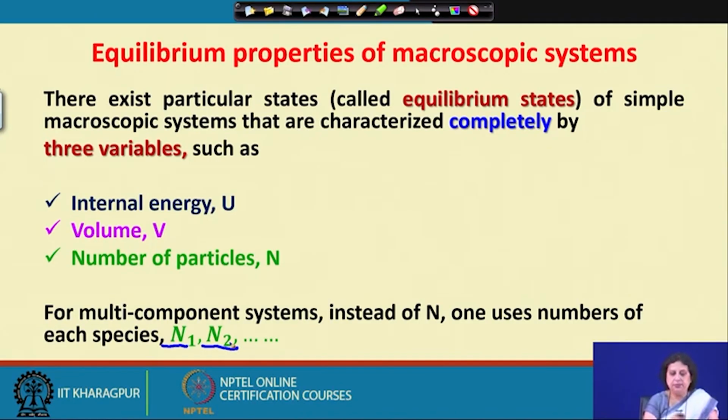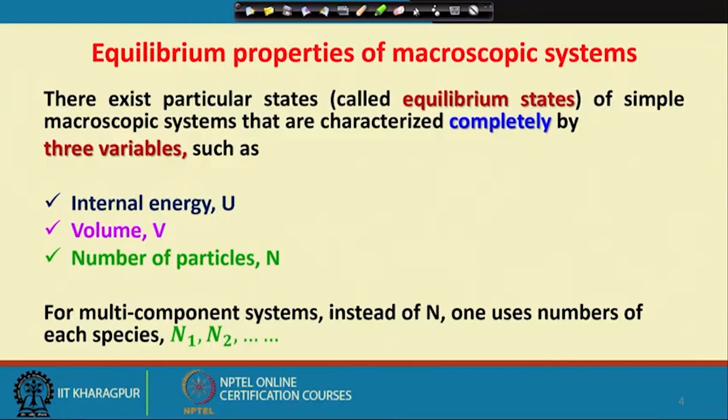So, with this in mind, that thermodynamics is actually giving us a very simple description of a very complicated situation, we next go and try to see how do we think of the system and its interaction with the surroundings.